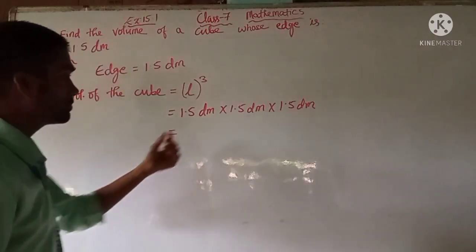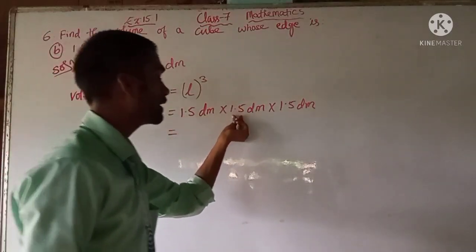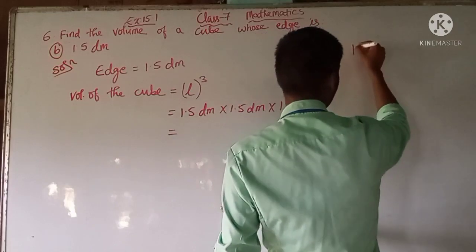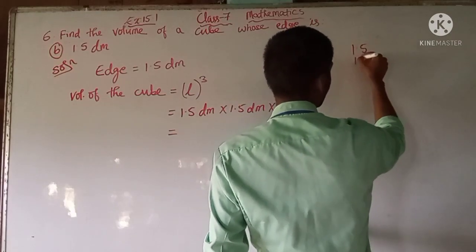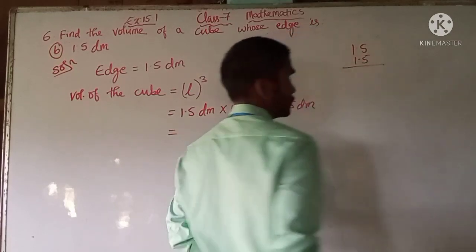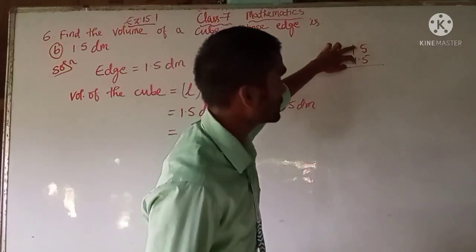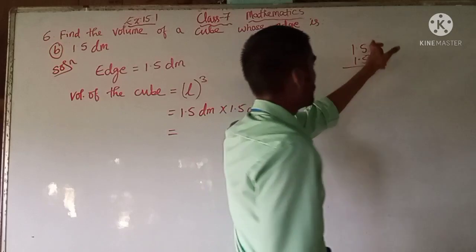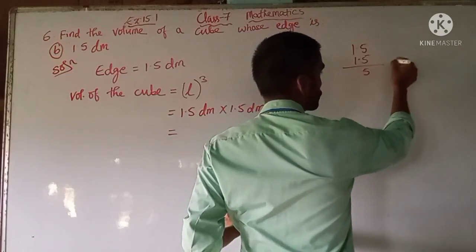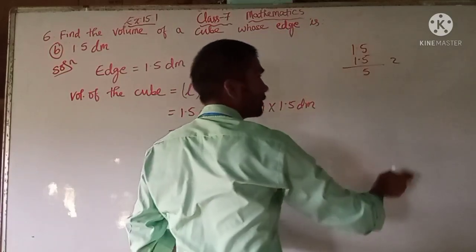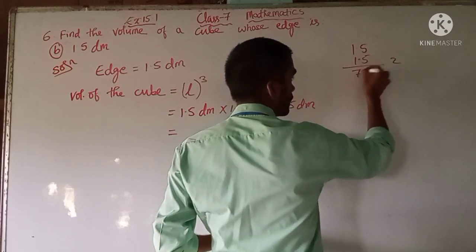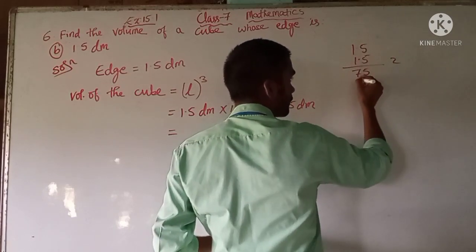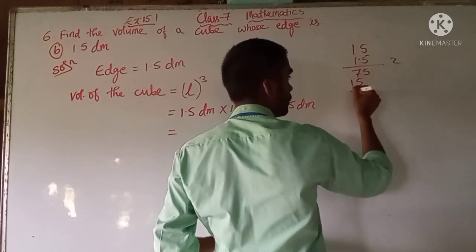So now let us multiply them. 1.5 into again 1.5. Just forget that the decimal point is there, just multiply as we normally do. So 5 into 5, it is 25, 2 in hand, 5 into 1, 5, plus 2, 7. Now 1 into 5, 5, 1 into 1, 1.